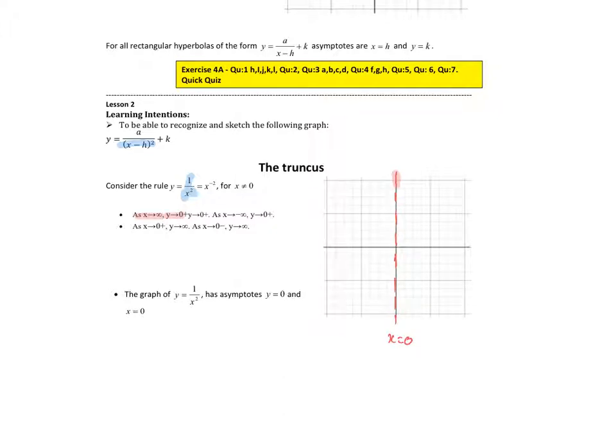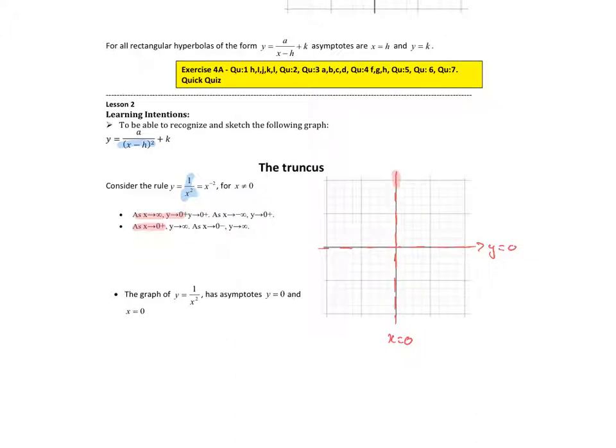And as x gets really close to 0, like a half, a third, a tenth, 1/100th, 1 over 10 squared is 1 over 100, and 1 over 1 over 100 will give me 100. So again, we're going to have our horizontal and vertical asymptotes very similar to our 1 over x graph. So that part is the same.